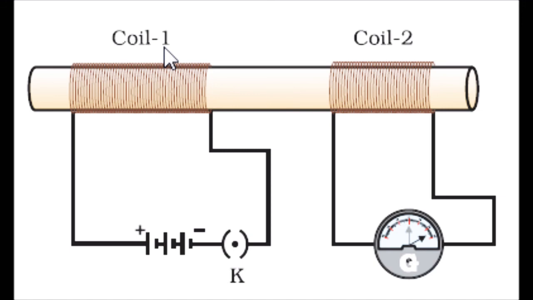Hence, the secondary coil induces electric current in the galvanometer. Now what we did is replace the bar magnet with another coil, that is coil 1. When we start passing current in coil 1, the magnetic field changes, and when the magnetic field changes, current is induced in coil 2.